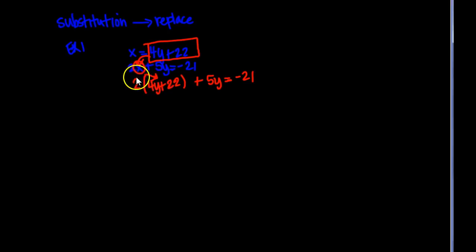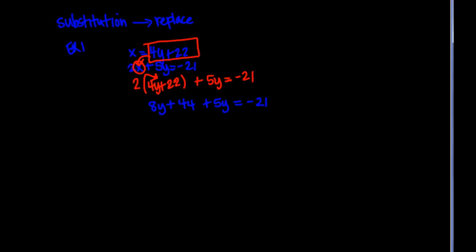So I'm going to go ahead and distribute the 2 through to the 4y and the 22, and then we'll work on what we did yesterday as we were solving equations. So 2 times 4y is 8y, plus 2 times 22 is 44, plus 5y equals negative 21. All right, so from here, we can solve.